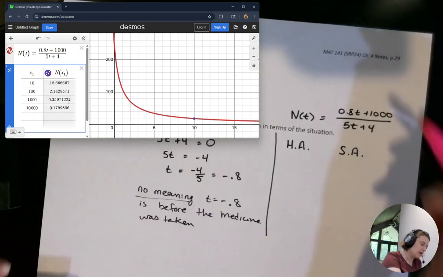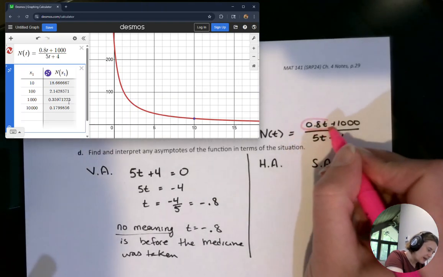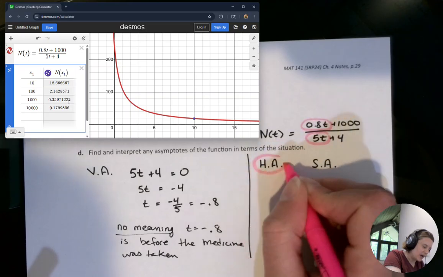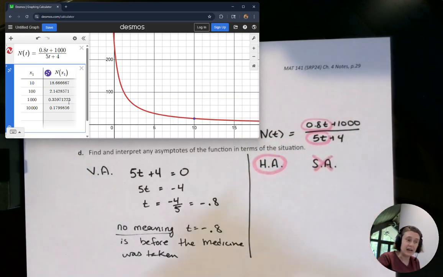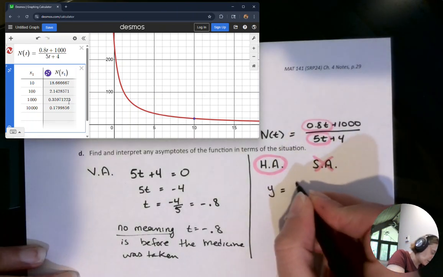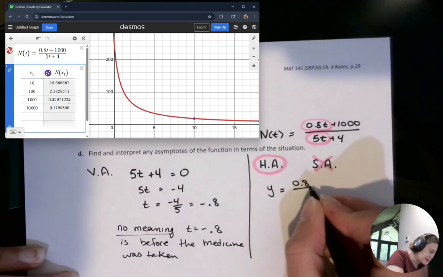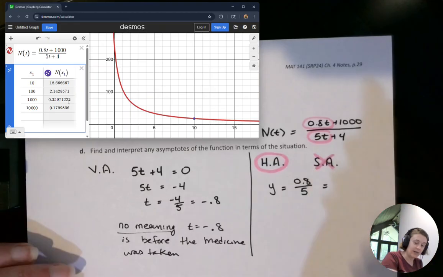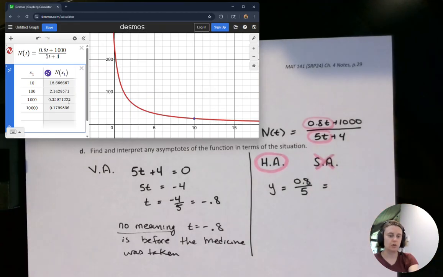So the degree of the numerator is equal to the degree of the denominator. So I know I'm going to have a horizontal asymptote, not a slant. For a slant, I would need to have the degree in the numerator being 1 higher, and that's not the case. Since the degree is the same, I'm going to divide those coefficients. So we're going to have y equals 0.8 divided by 5, just those leading two terms. And that's going to be the location of our asymptote.